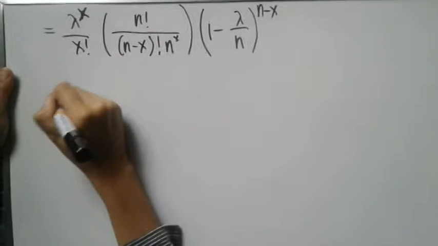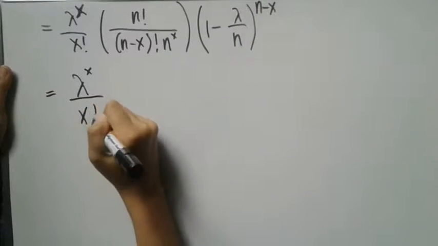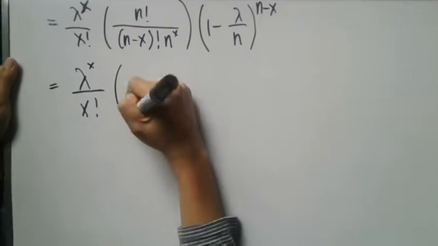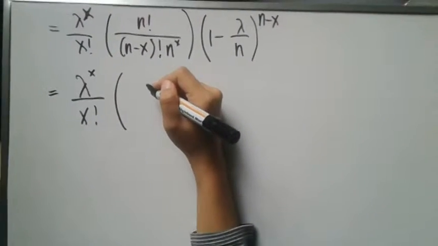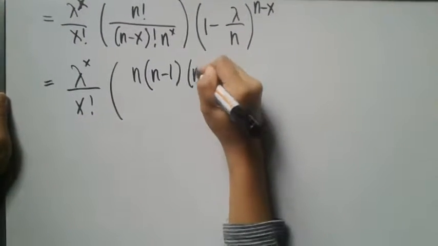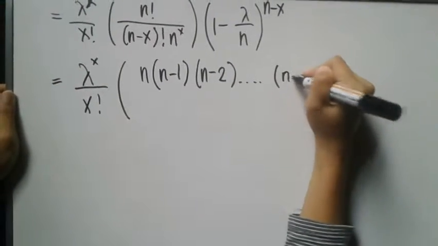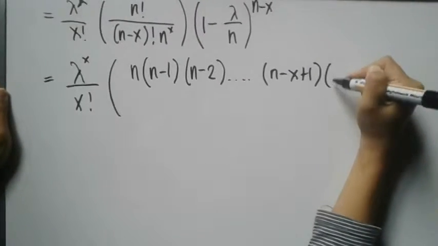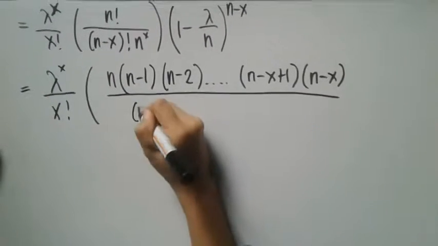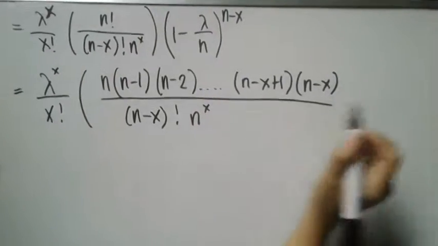So after this, we copy this lambda to the power of x over x factorial. Then let us expand this term. So we have n times n minus 1 times the quantity n minus 2 up to n minus x plus 1, n minus x, all over n minus x factorial times n to the power of x.